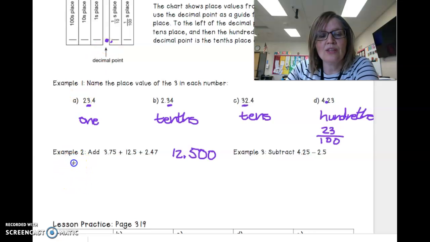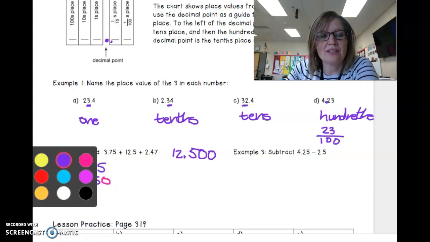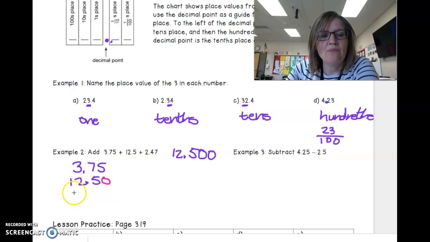So we look at this as 3 and 75 hundredths, plus 12 and 5 tenths, and this is our little magical part, we put our 0 there. It keeps the same value, plus 2 and 47 hundredths. And we add these all up.